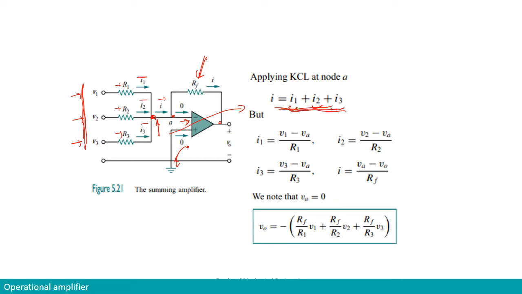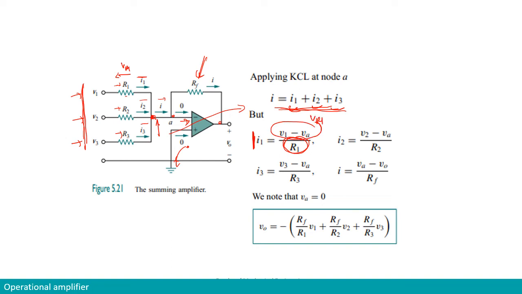If we look case by case into each branch, what is I1? I1 is basically the current that goes through resistance R1, right? Again, by Ohm's law, it is the voltage VR1 divided by R1, where VR1 is the voltage across R1. So what is it?